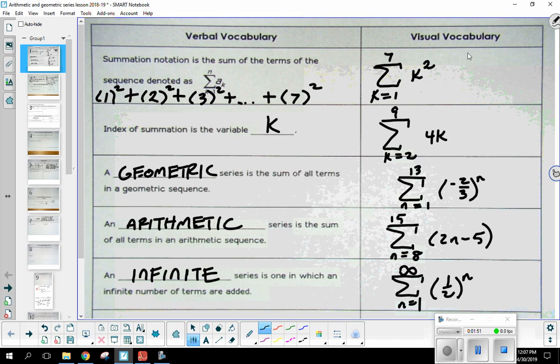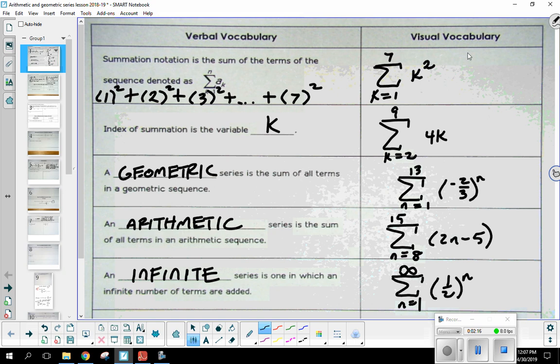All right. We are talking geometric and arithmetic series. A series is when you start adding the terms of a sequence. You'll notice the lower boundary, it could be k. Typically, that's what you have. You could also use the variable n.